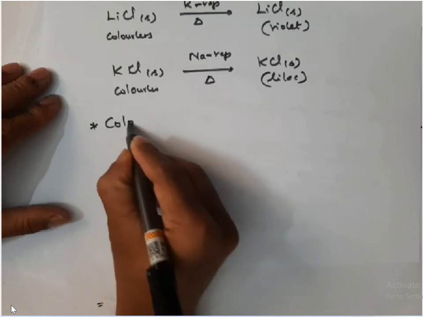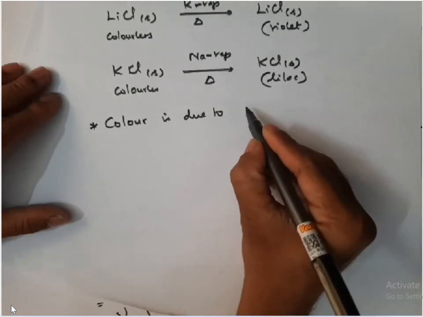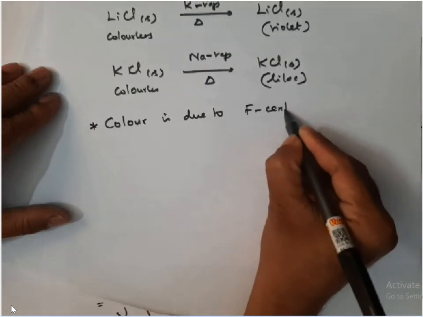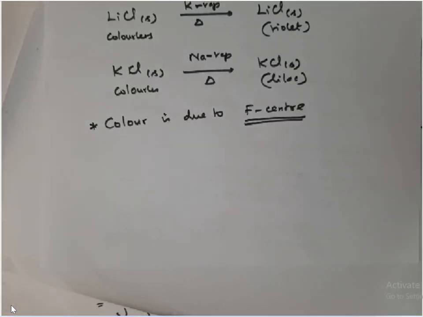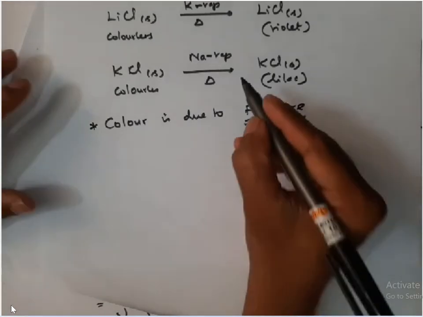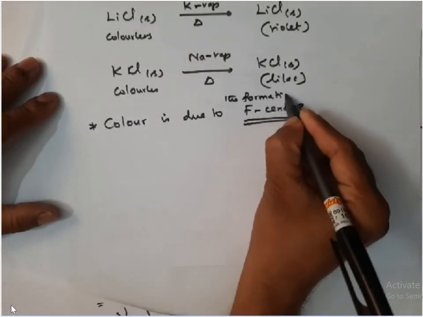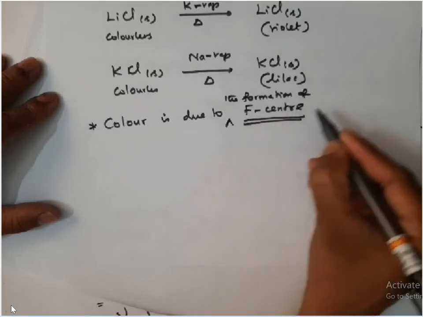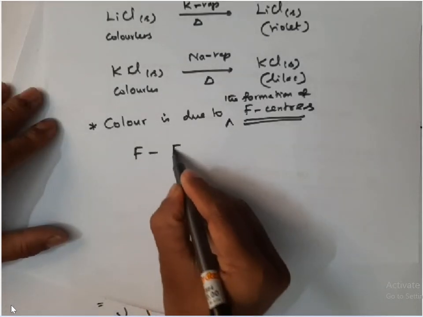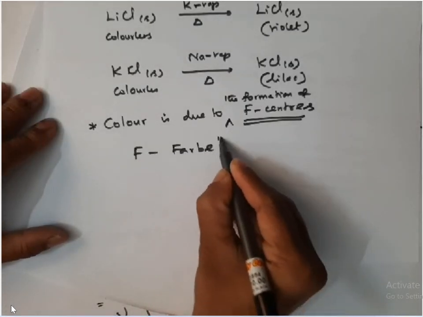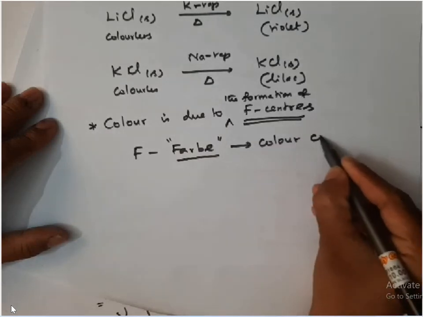Color is due to the formation of F centers in the system. What is F? F means Farbe. It's a German word. Farbe means color center.